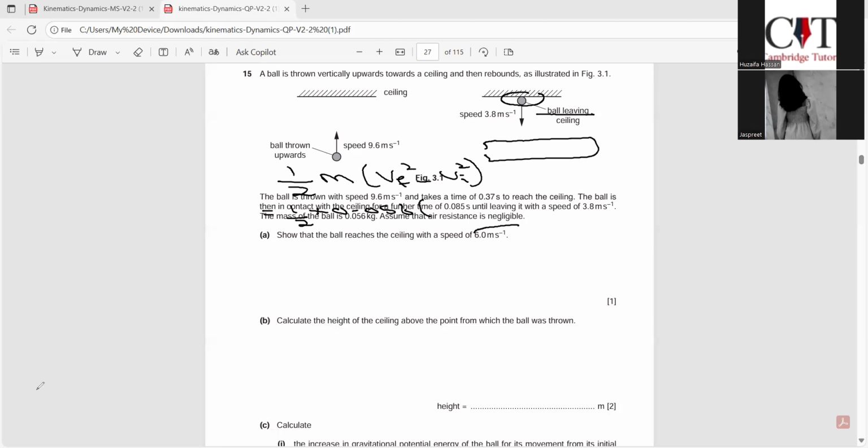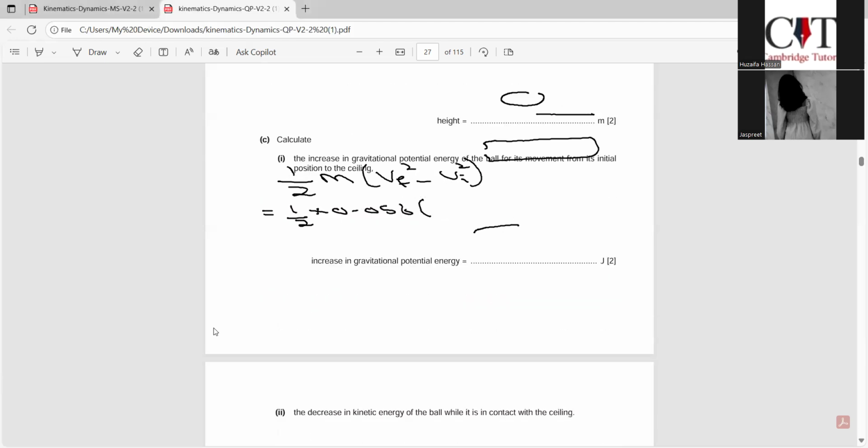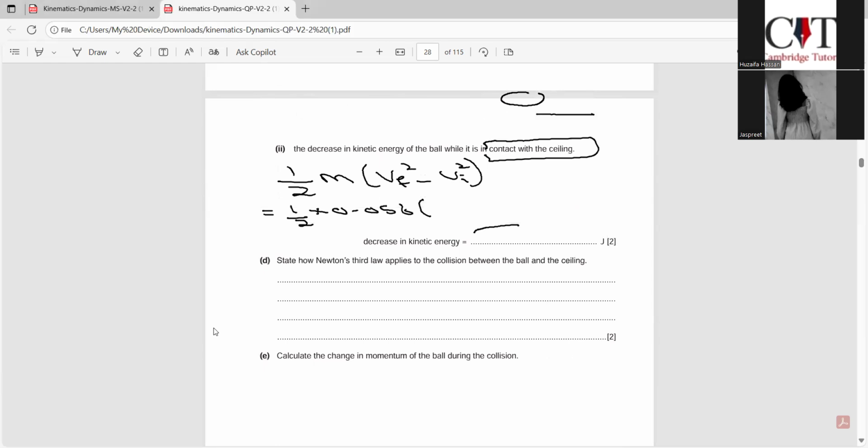Yes. So now you get it. Why will we use 6 here? Is it clear? Yes, sir. Okay, so I will be writing 6 square minus 3.8 square.